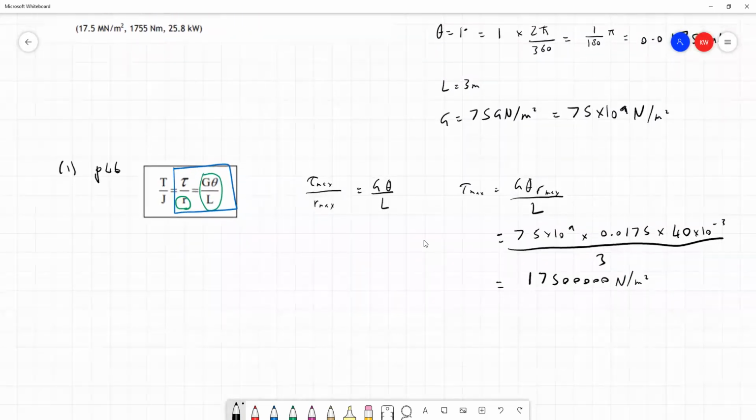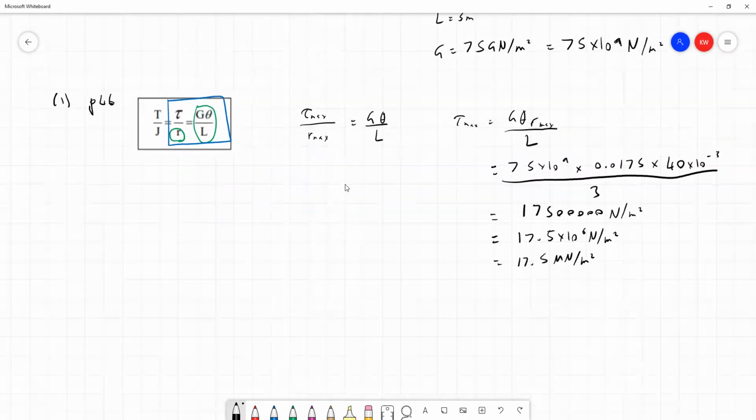And of course, we could recognize that this is in fact the same as 17.5 times 10 to the 6 newtons per meter squared, or 17.5 meganewtons per meter squared. So a meganewton is 1,000,000 newtons, so we can replace the times 10 to the 6 with the capital M there. It means the same thing. But any of these answers would be fine, and you'd be perfectly all right with that. So that satisfies question 1.